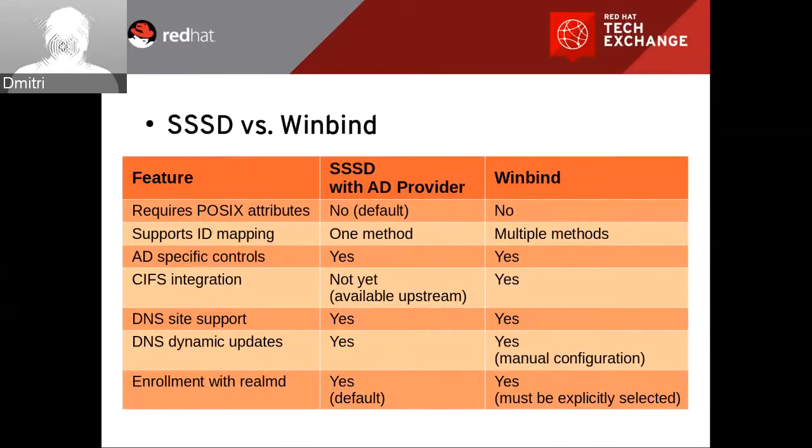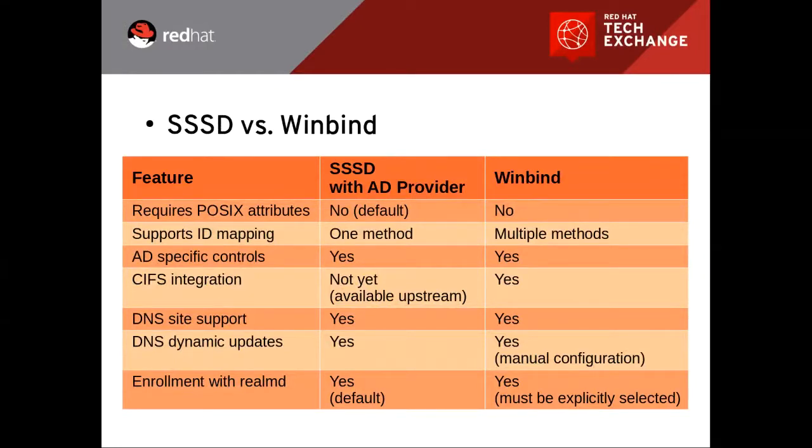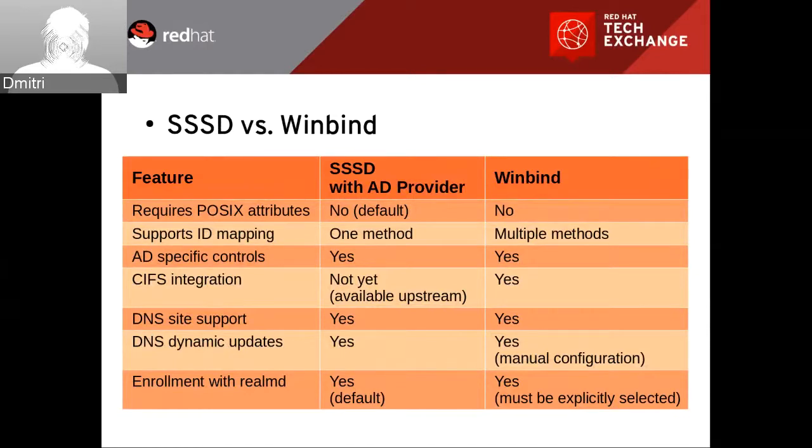Starting with 7.1, this gap will be closed, so there will be no need for Winbind anymore, and that's what we want to position. We don't want to maintain 2 different client-side components that do pretty much the same thing. The idea is to make SSSD a replacement for everything: NSS LDAP, pam_krb5, Winbind, all those utilities of the past.